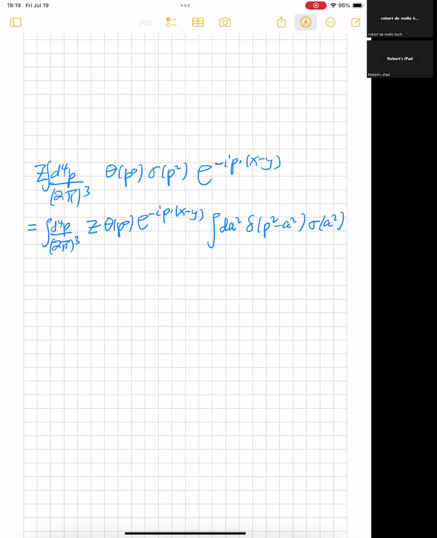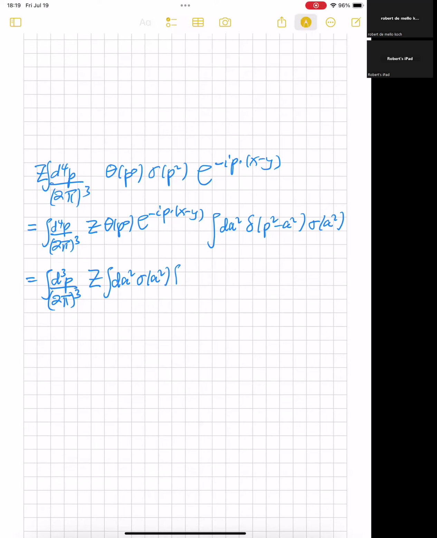But what I'm going to do now is I am going to integrate over that delta function, but not with A squared. I'm going to integrate over the delta function using p naught. So we'll have an integral d3p, so let's keep the d3p here, over 2 pi cubed. We will have a Z, an integral dA squared. Let's put the sigma of A squared there.